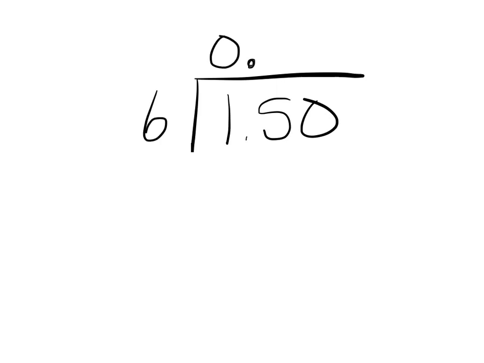6 does not fit into 1, 6 fits into 15 two times. 2 times 6, and I put my answer there, equals 12. My next step is I subtract. 15 minus 12 will give me my answer, which will go there, which is 3.